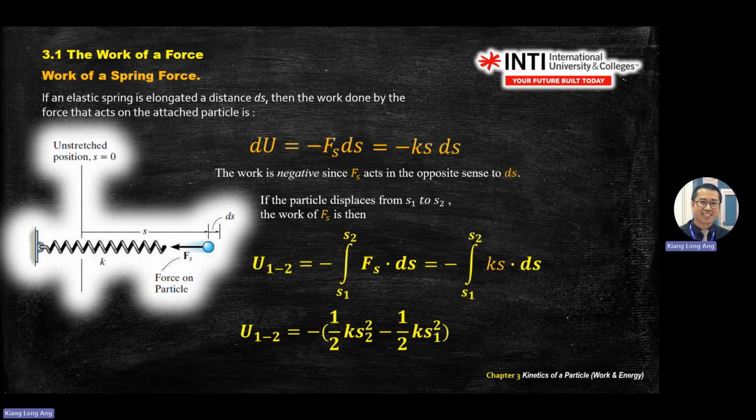The general equation you derive is half k s squared, the final position minus the initial position.